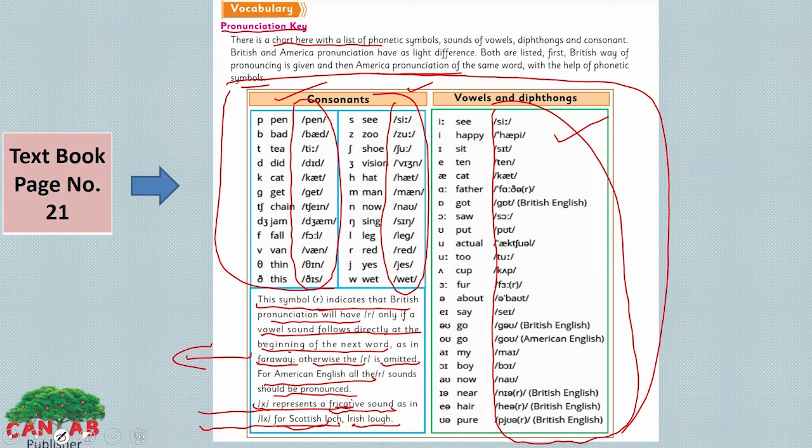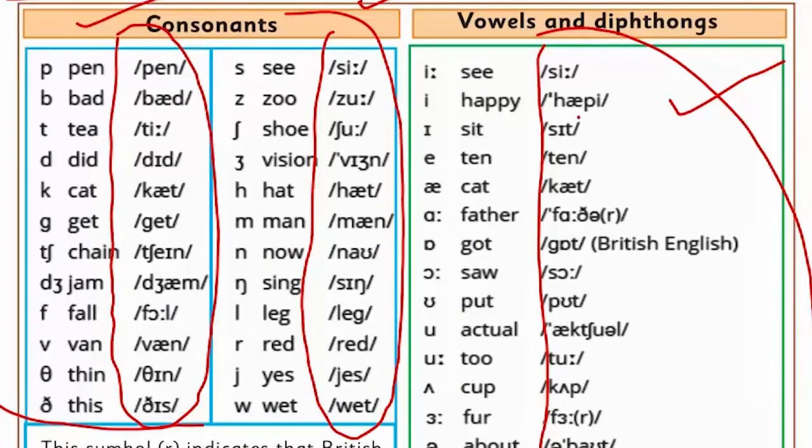Now look at this one, vowels and diphthongs. Here you can see the phonetic symbols of the words. Happy, here the symbol is for the final vowel, A plus E, the vowel sound here. Sit, tan, cat, father, the R is silent here.